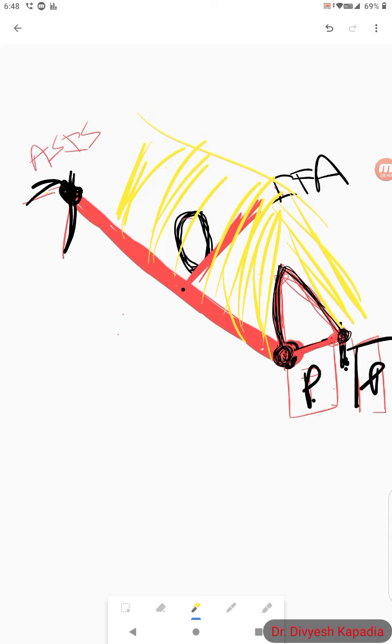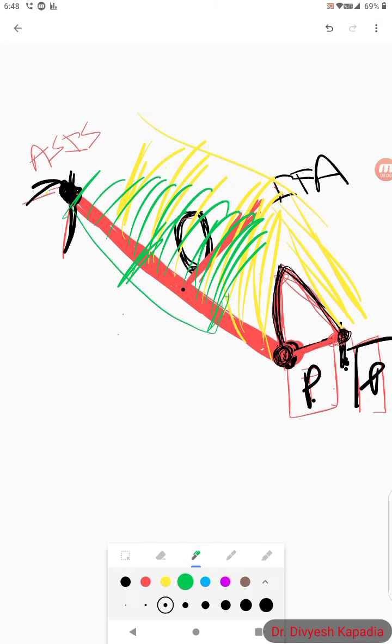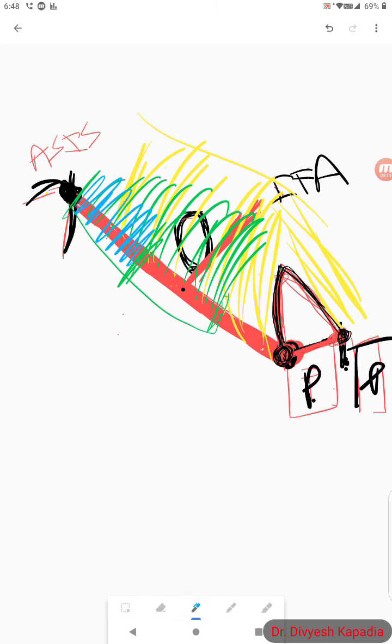Now this is the inguinal ligament. As we know, the lateral 2/3 of the inguinal ligament gives origin to fibers of the internal oblique muscle. The lateral 1/3 gives origin to the fibers of the transversus abdominis muscle. So here you can see, as the lateral 2/3 of the inguinal ligament gives origin to the internal oblique muscle, the fleshy fibers of internal oblique, or inguinal fibers of the internal oblique, also form the anterior wall of the inguinal canal.